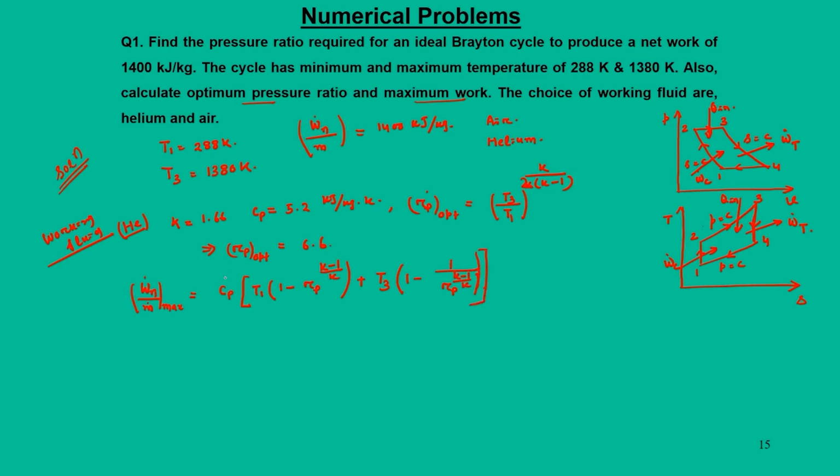So, you have all the numbers here: Cp 5.2, T 1 288, Rp optimum 6.6, T 3 1380.